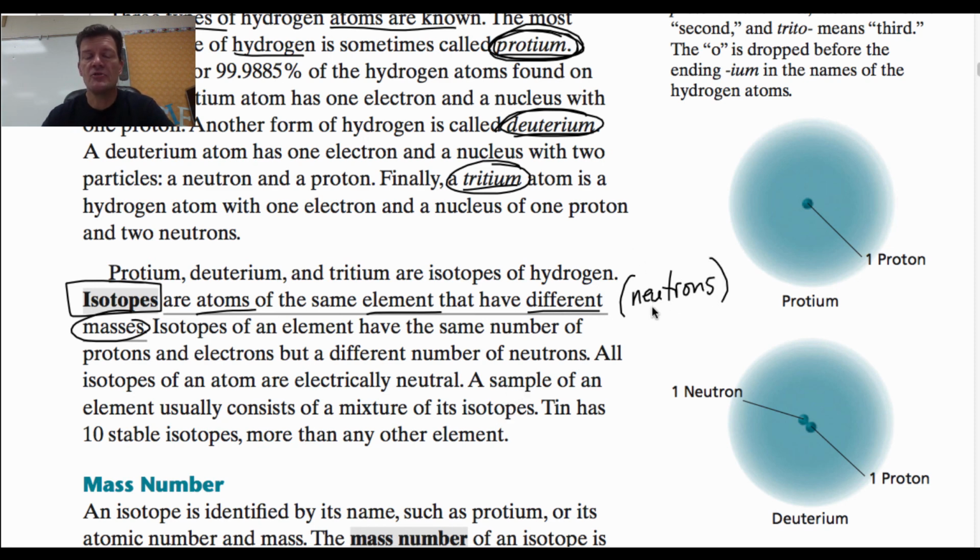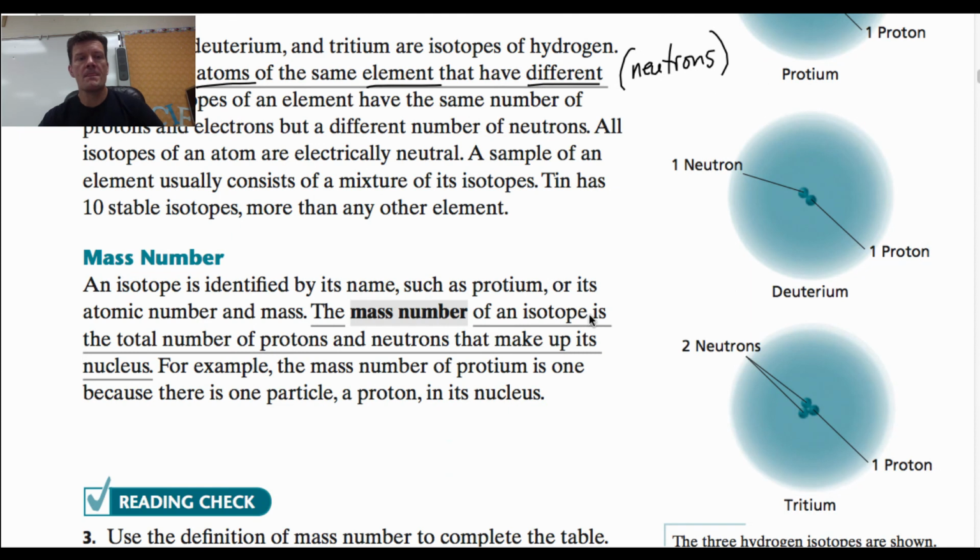And it is the neutrons and the protons together that give an atom its mass. Okay? An isotope is identified by its name. You can give it a name, or you can just identify it by its mass number. The mass number of an isotope is the total number of protons and neutrons. Those are the two particles in an atom that give it its mass.